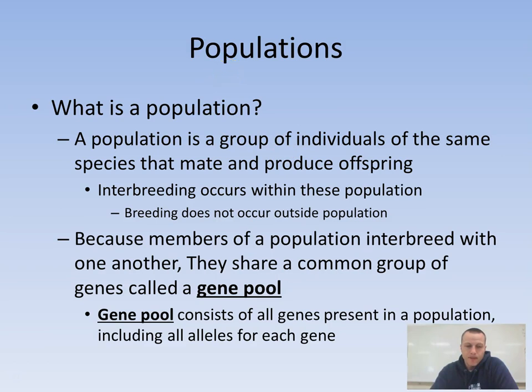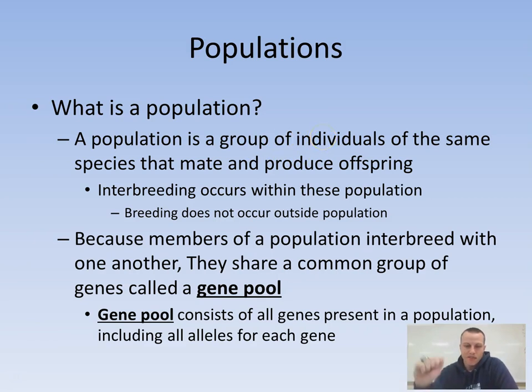Going on, we'll talk about a gene pool. Within a certain population, individuals interbreed with one another, and they share common groups of genes called the gene pool. So we have certain genes, and all the genes that are out there is called the gene pool.